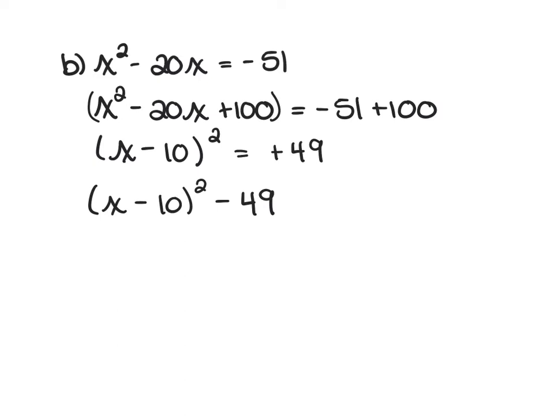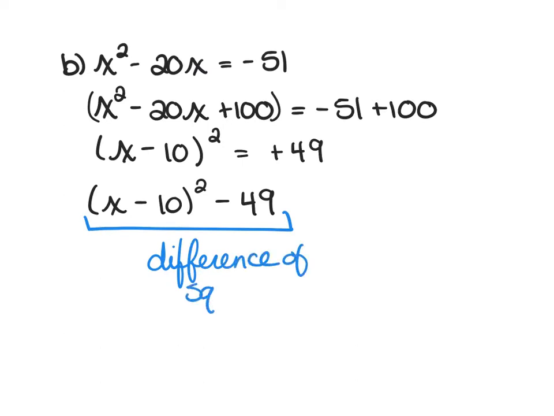Now, it's not really apparent at first, but this is, I'm going to use a different color, this is a difference of squares. So really what we have is this is the one term and this is the other.